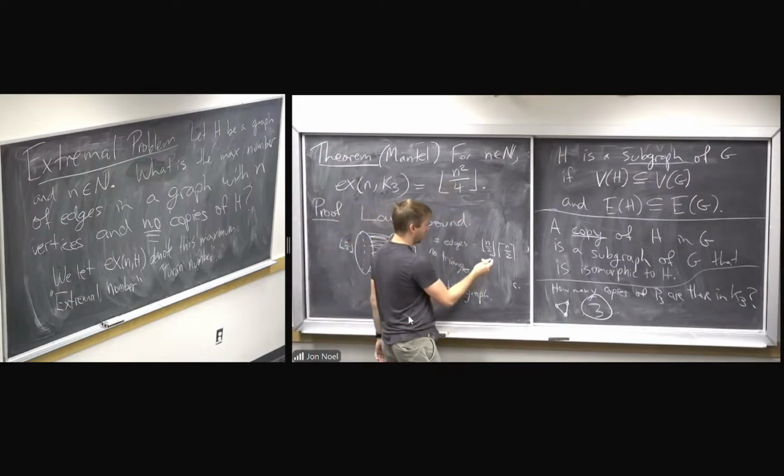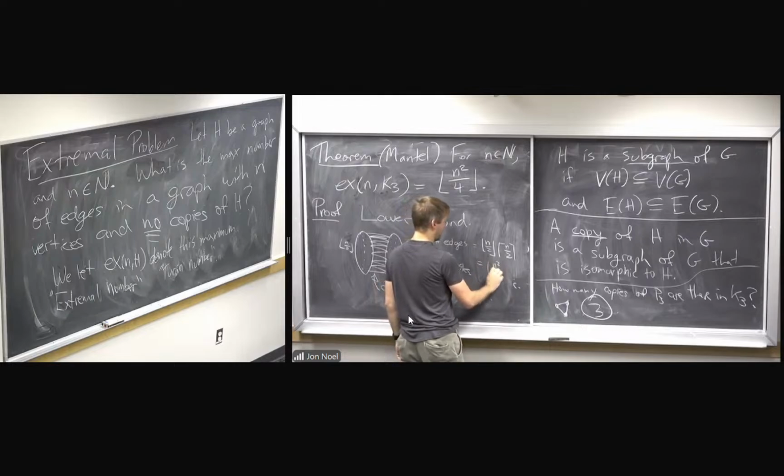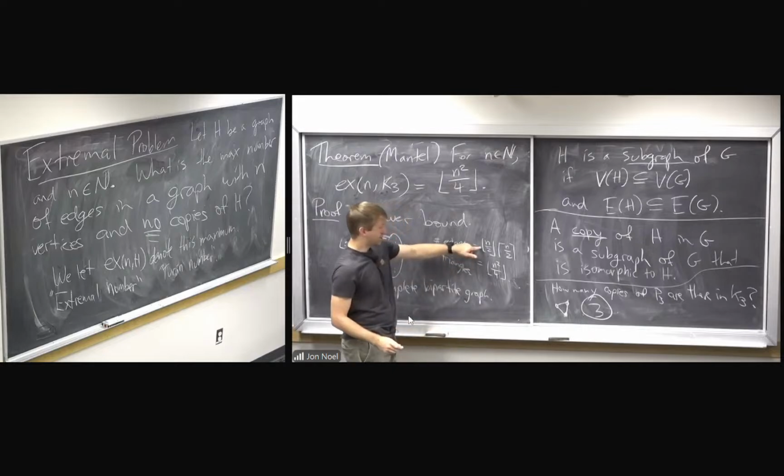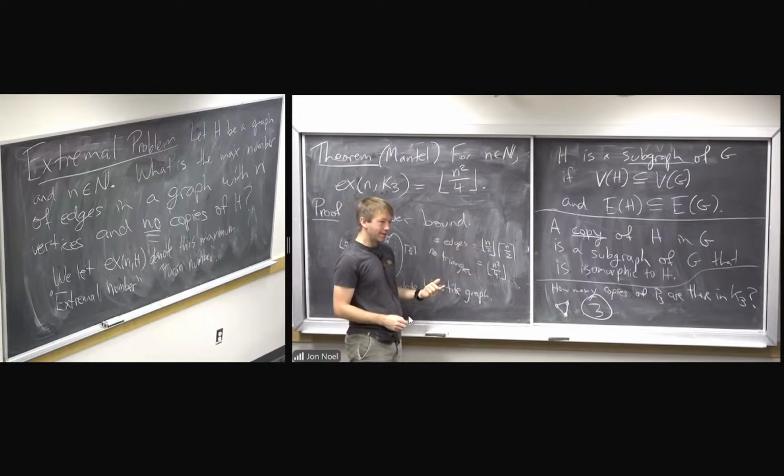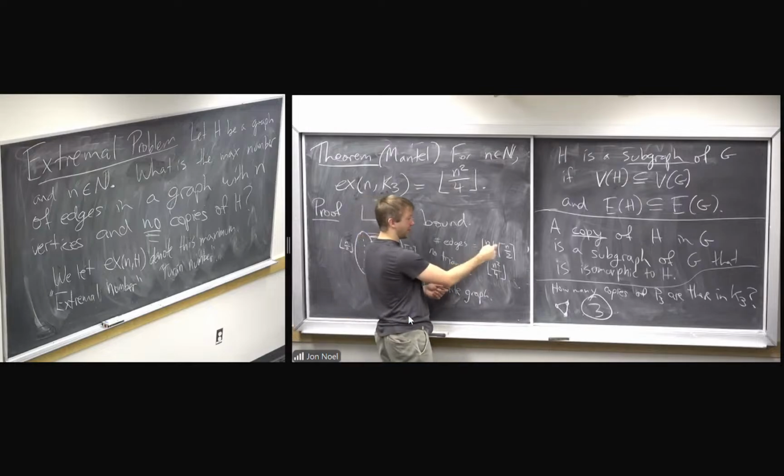To show that this is equal to that, it's just a case analysis. What if n is even? Then both of these are just n over 2, so it's n squared over 4, which, without the floor, is equal to that.